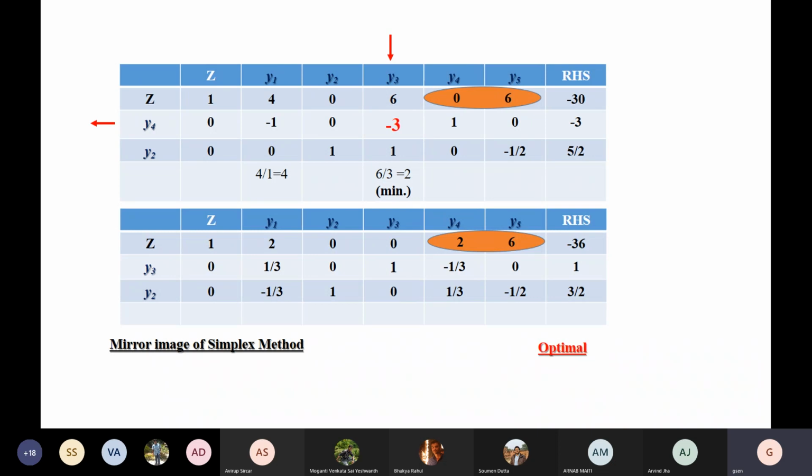So this version of the dual simplex is called the primal dual method. Where you first apply the dual simplex to get an initial BFS, but its objective row is not optimal yet. Then you apply the primal simplex method to get to the optimal.